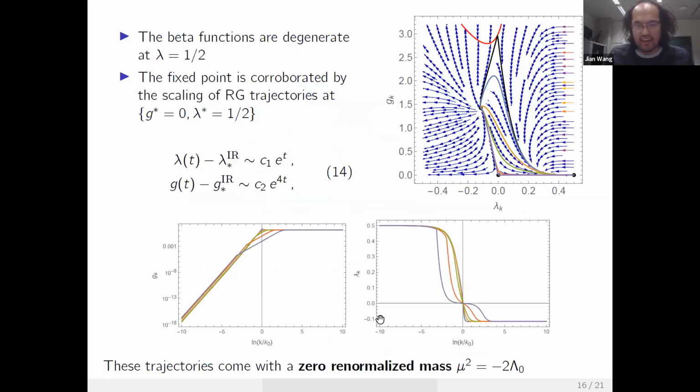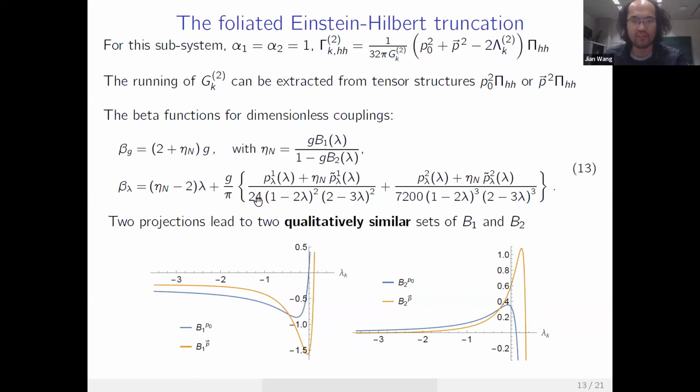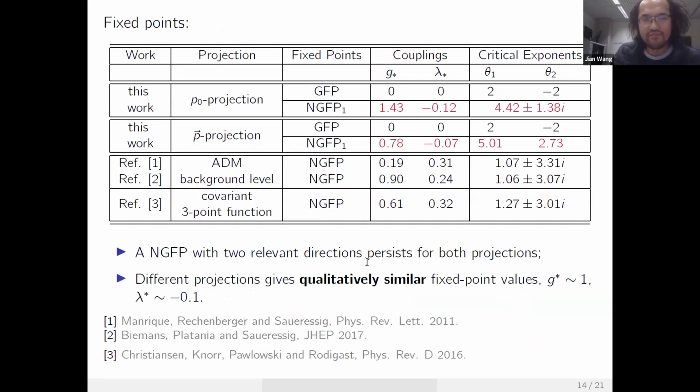Since the beta functions are degenerate around this line, maybe we can quickly go back to the beta function. We can see from beta lambda that if lambda is 1/2, this one will diverge.